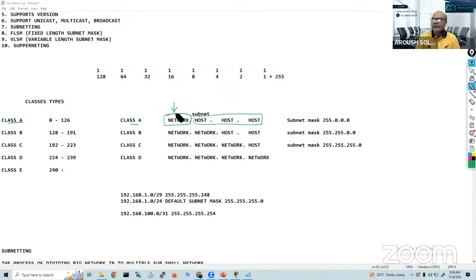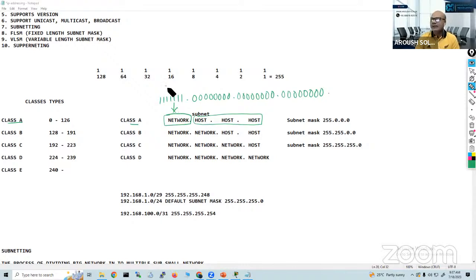When it belongs to the network, it means obviously that all 8 bits will be high. These are bits 1 to 8 of the first octet, this is the second octet with 1 to 8, and the same for the third.